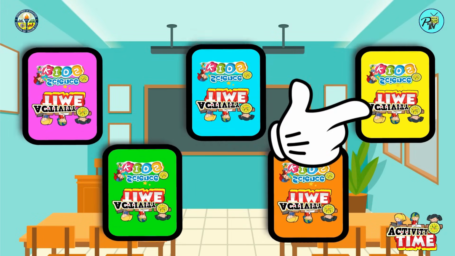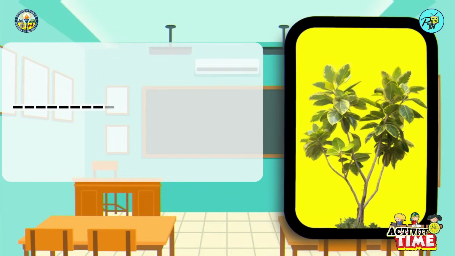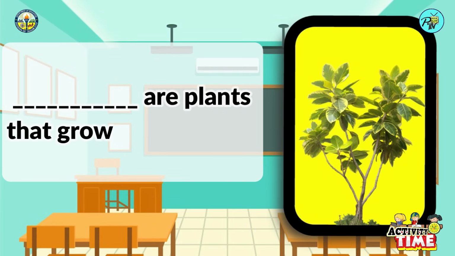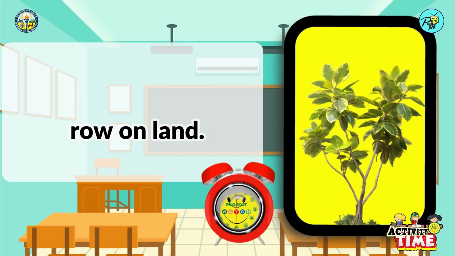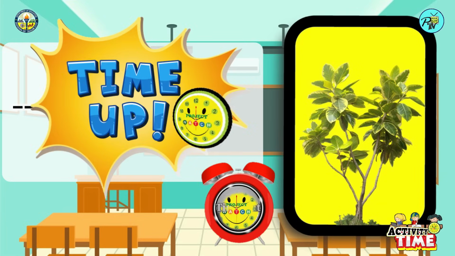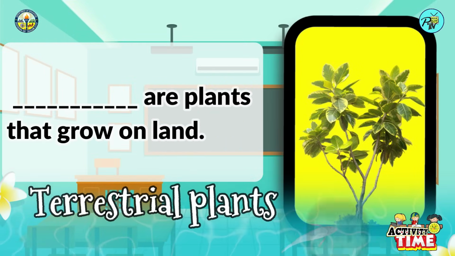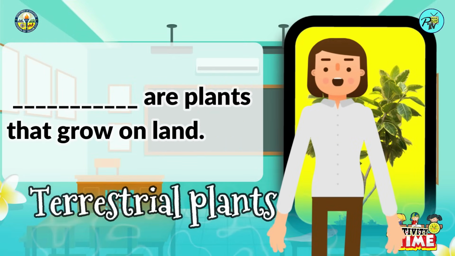How about the second one? Blank are plants that grow on land. What are these plants? You're right. These are terrestrial plants.